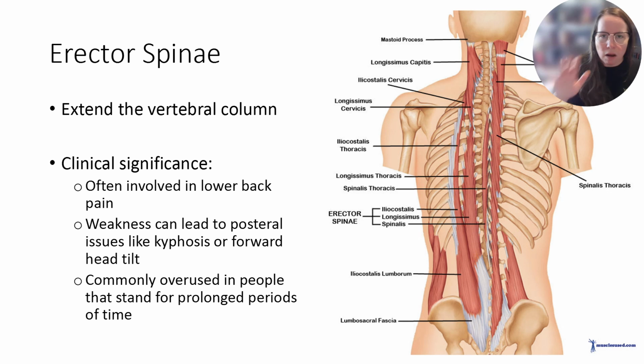And if they are weak, they're not going to be able to maintain posture. So what will happen is on that far end, it'll get weaker and you'll end up with a rounded back. So you'll end up with something like kyphosis, where that thoracic curvature is more exaggerated.